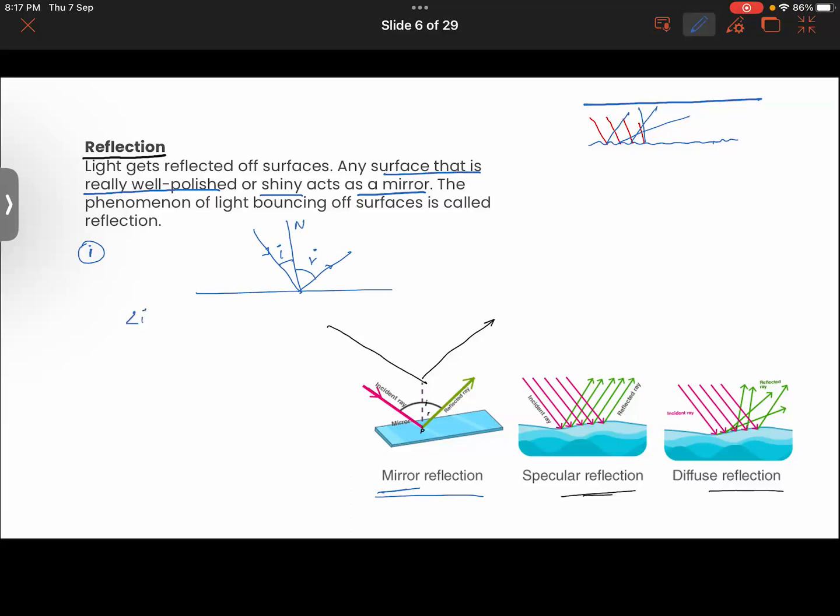So the first law basically states that the angle of incidence is equal to the angle of reflection. And the second law basically says that the incident ray, reflected ray, and normal all lie in the same plane. Sir, have I missed anything?